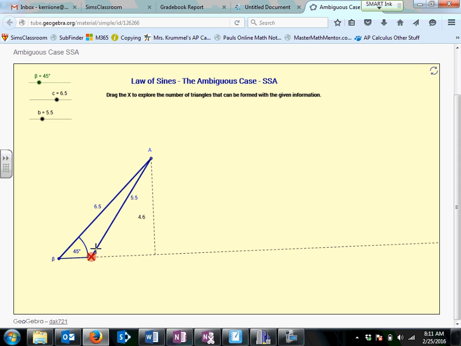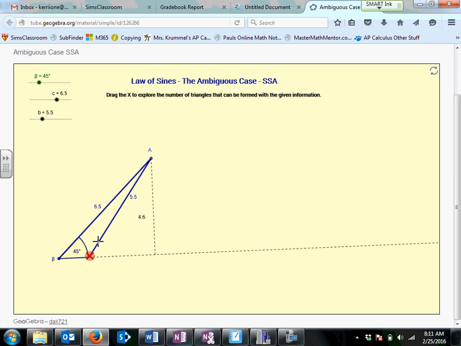So if your angles and sides are just the right measurements, it is possible that we could create two different triangles out of the given information. And that's why this is called the ambiguous case, because we have three different things that can happen.